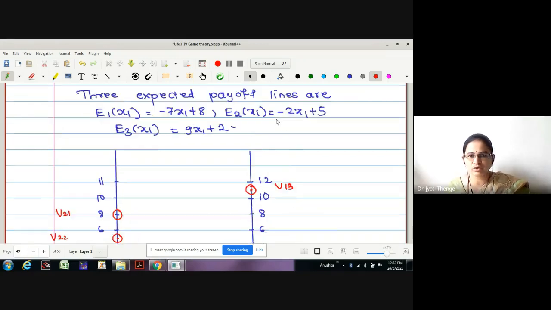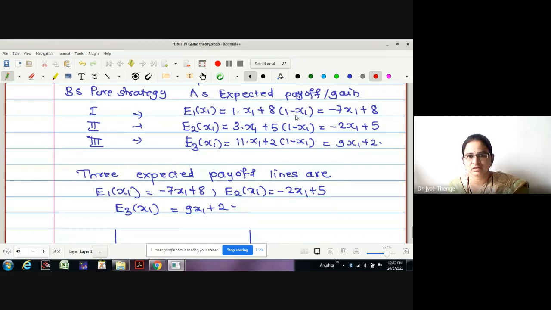Now what do I have to join first? Yes, E1 of x1 I have to draw. If I want to draw this straight line E1 of x1, then first I will check for x1 equal to 0, then I will go for x1 equal to 1. x1 equal to 0 gives me 8 and x1 equal to 1 gives me 1.